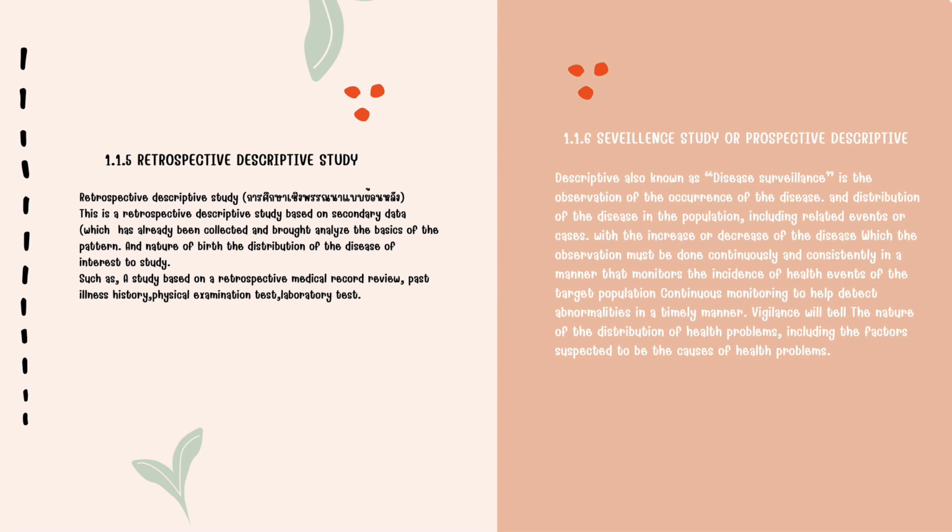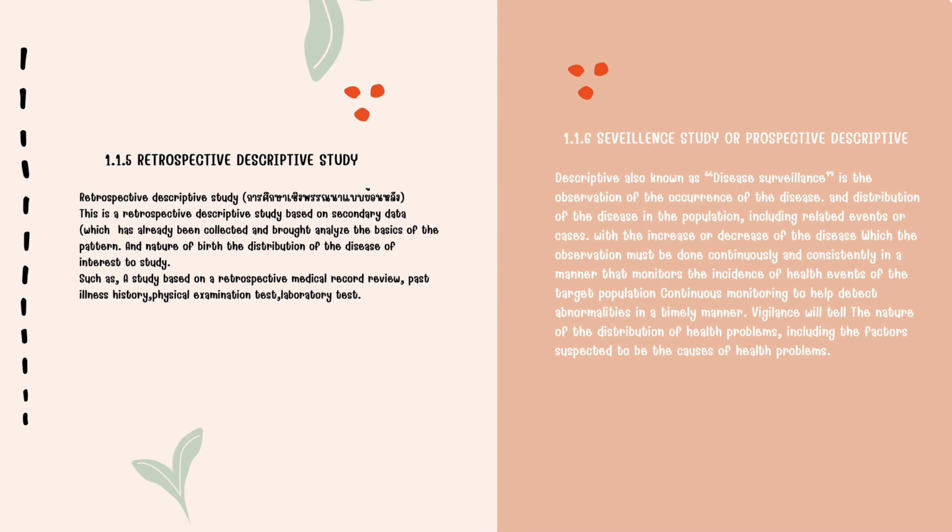Next, 6. Surveillance study or prospective descriptive study. Descriptive study, also known as disease surveillance, is the observation of the occurrence and distribution of the disease in the population, including events or cases related to the increase or decrease of the disease.